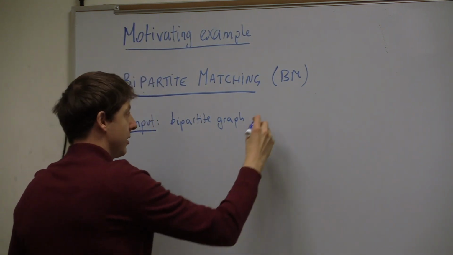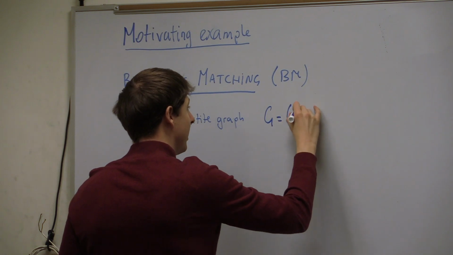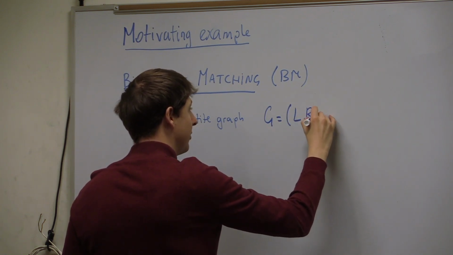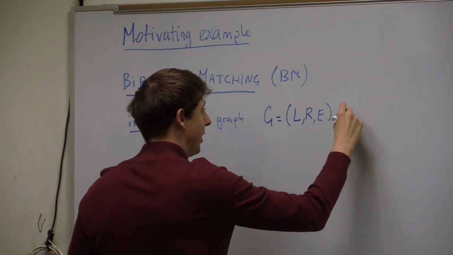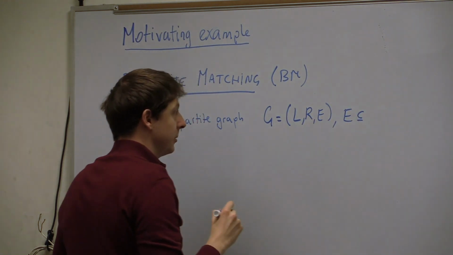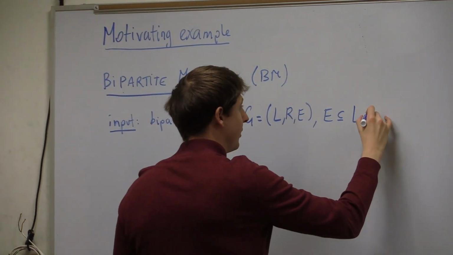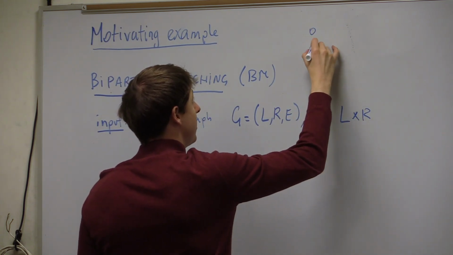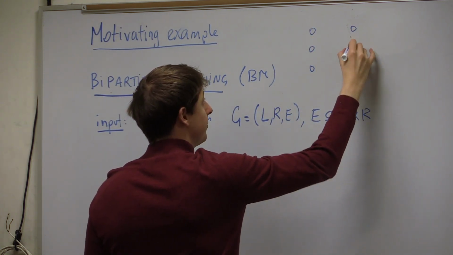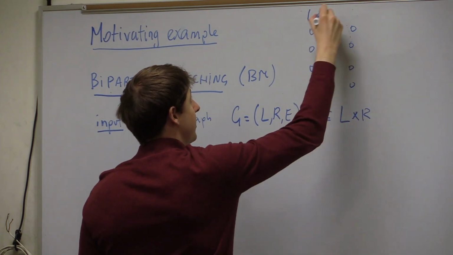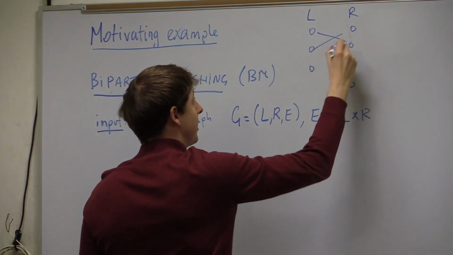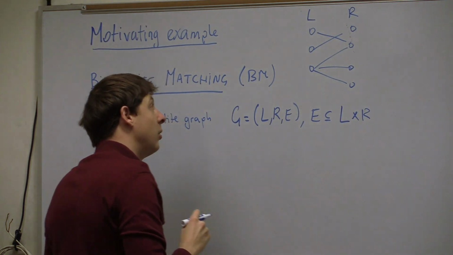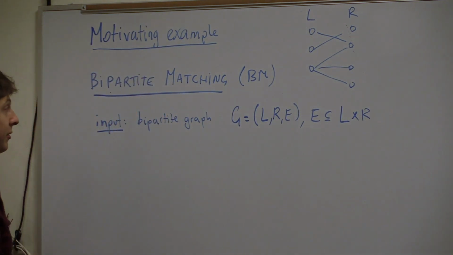It's a graph with 2 parts. So specifically it has left vertices, right vertices, and an edge set. Okay, and the edge set is only between left and right. So the picture you should have in mind is that you have some number of left vertices and some number of right vertices, and there are edges only between left and right, but not within left or within right.